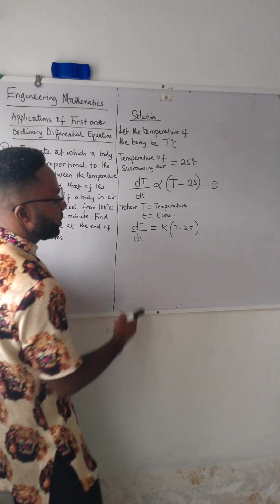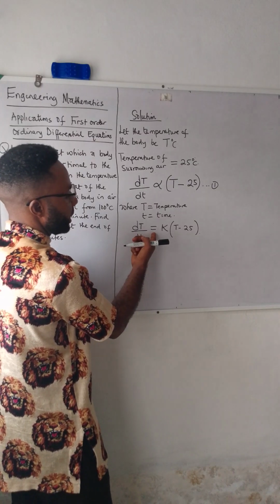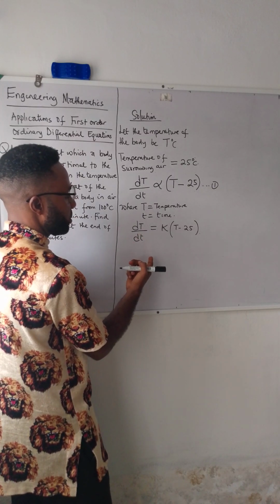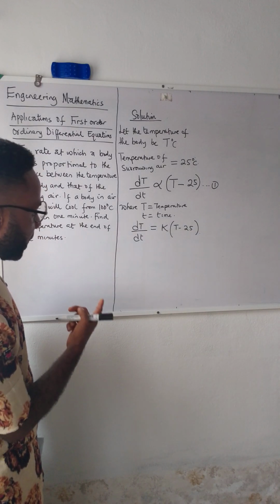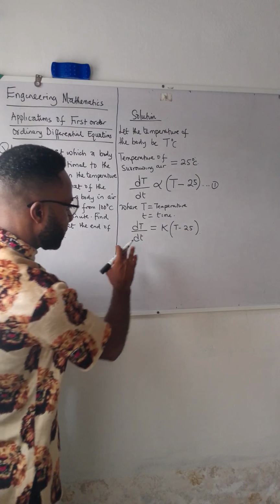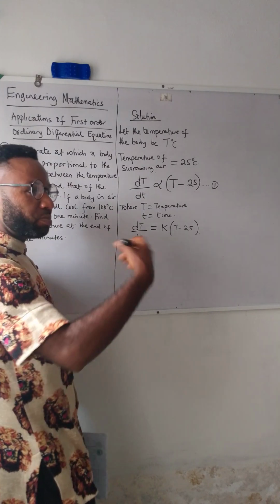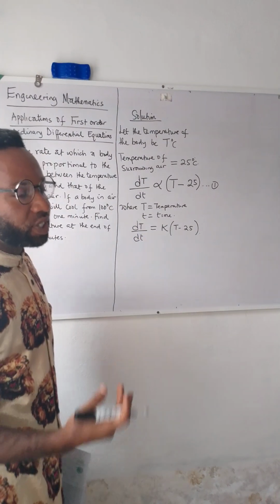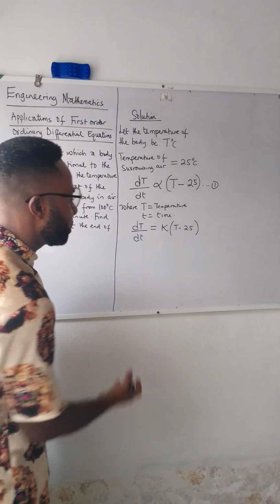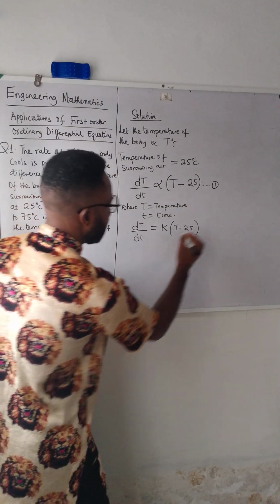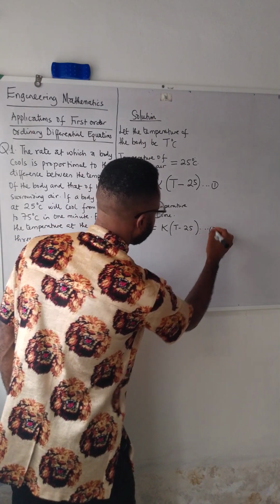So since we've introduced an equality sign, we now introduce a constant. Now, having done this, we now look at the question. In this question, we can now use method of separation of variable, which is part of solution to first order differential equation, to solve this. So we said, okay, this is equation 2.